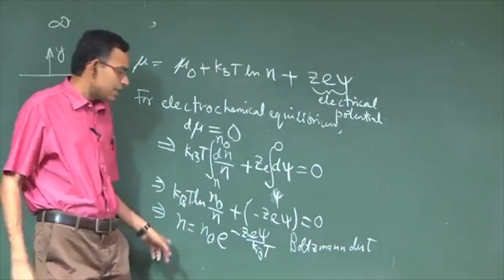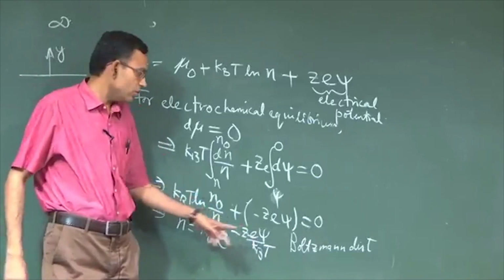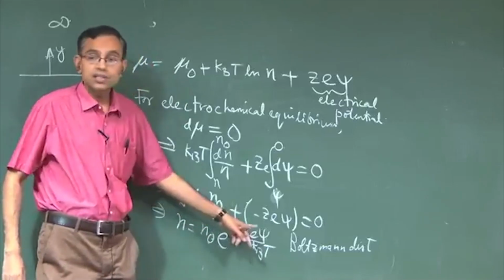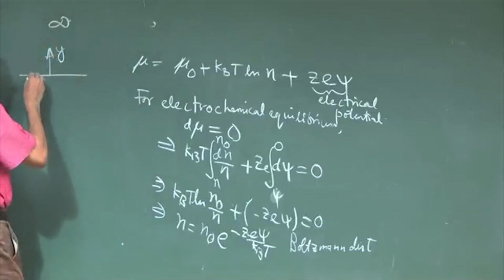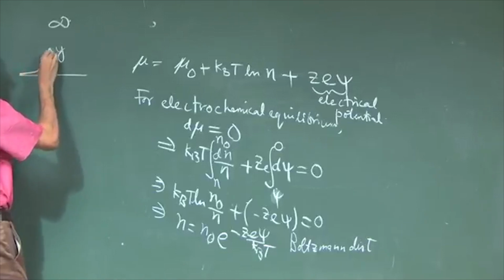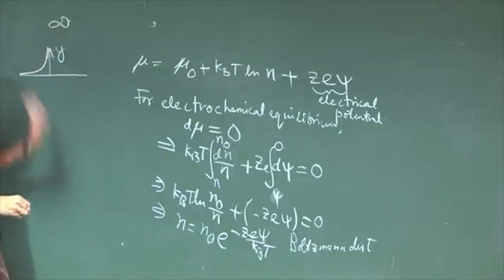So, this tells you how the potential is related to the charge of a species. So, if you consider the potential, because of negative charge the potential here is there, and then the potential will go to 0 asymptotically, at infinity it will be 0.